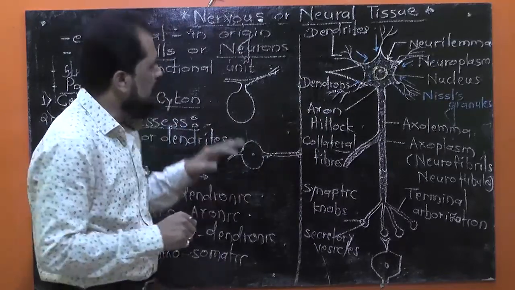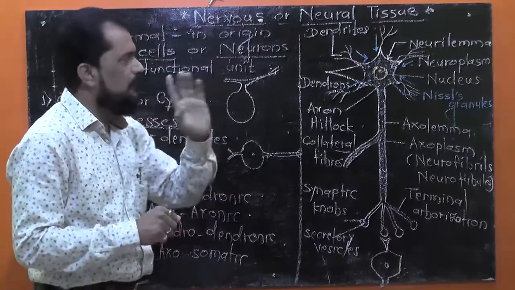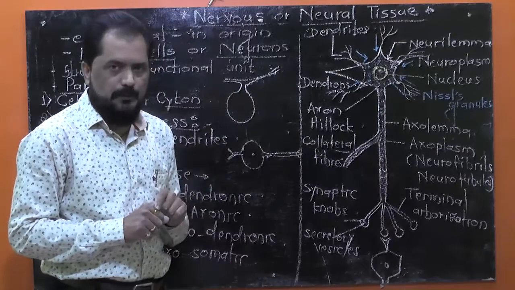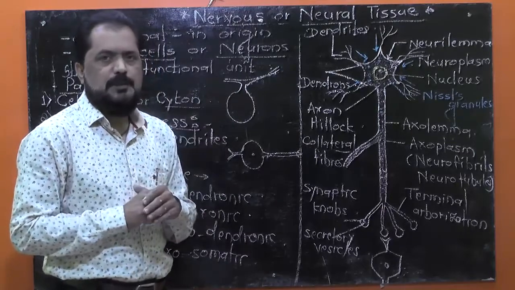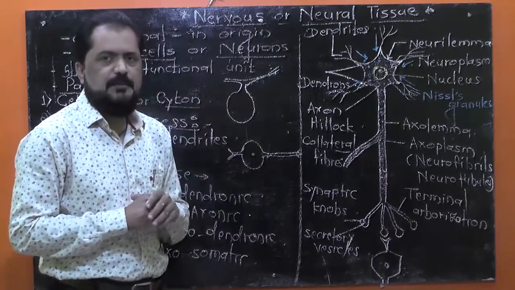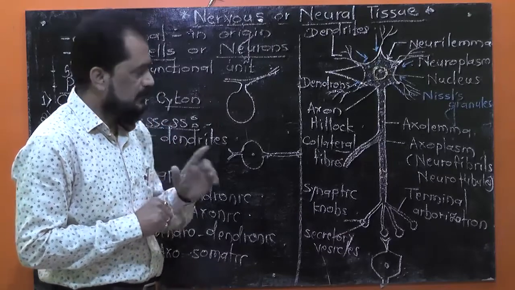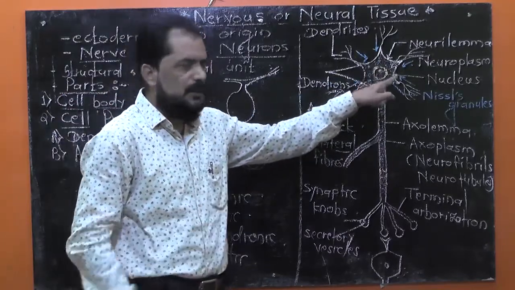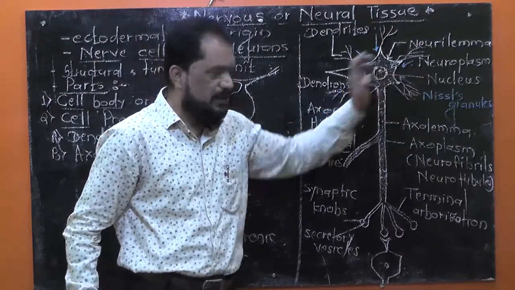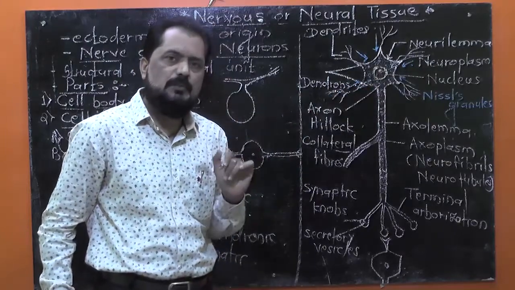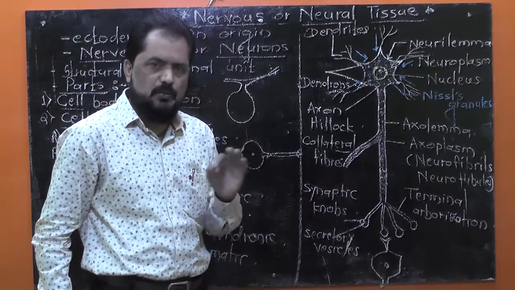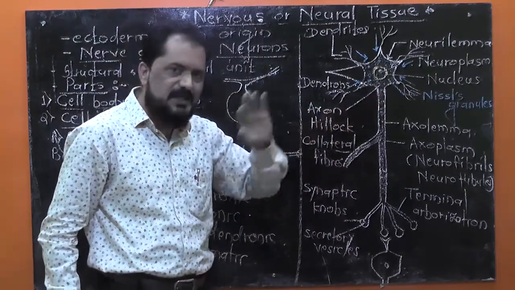So here we have discussed the first component of neural tissue, that is the nerve cell or neuron. We are going to stop here today, but I want to add one more point, that the cyton, या ठिकाणी जो cyton आहे, cyton मध्ये असणारे जे पेशीद्रव्य आहे, neuroplasm, त्याबाबत मी तुम्हाला बोलताना सांगितलं की it consists of neurofibrils, neurotubules as well as Nissl granules.